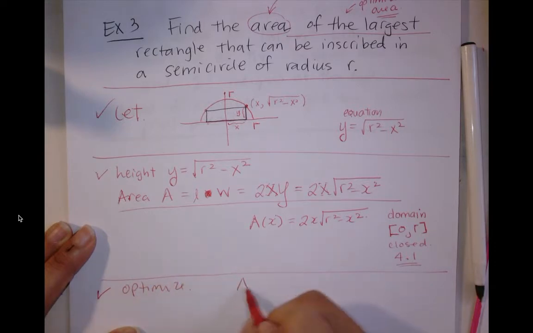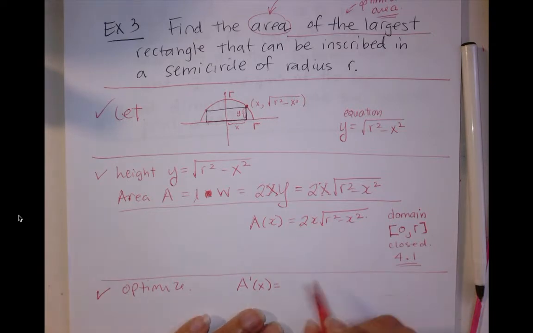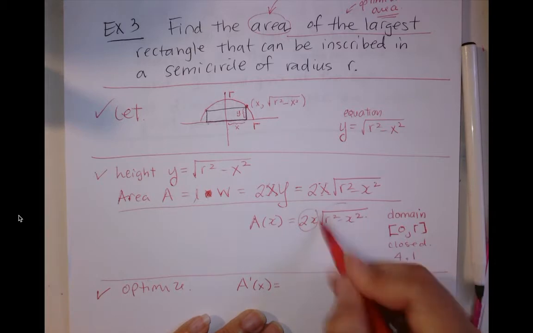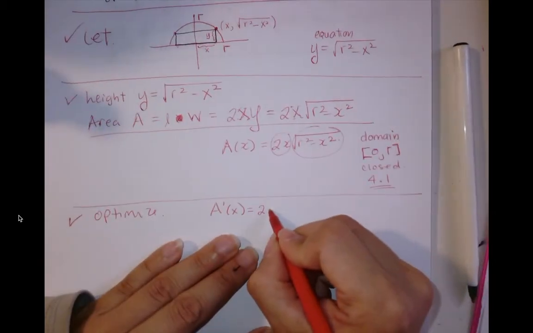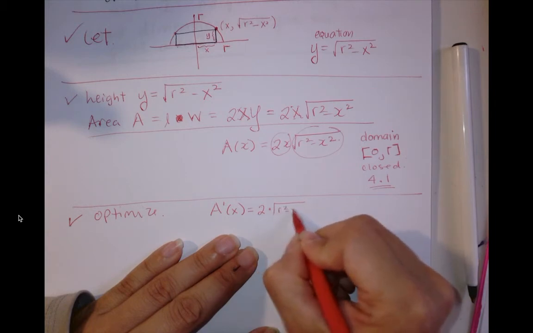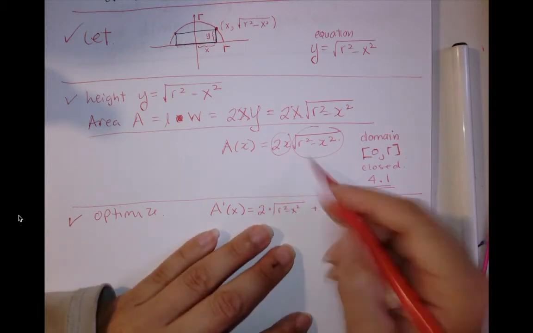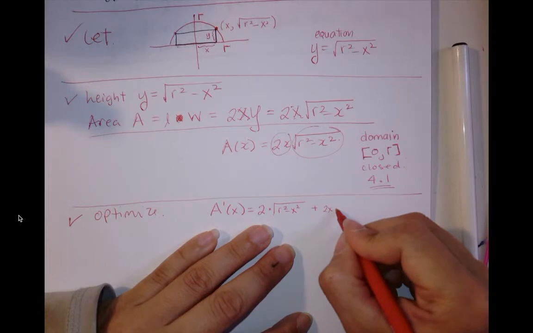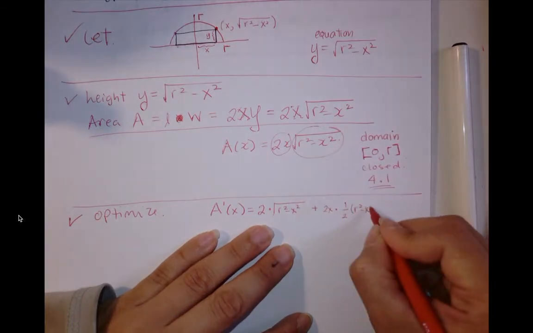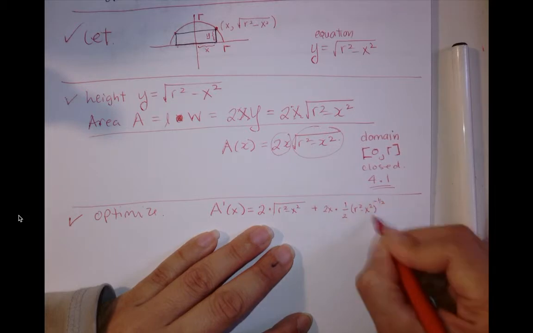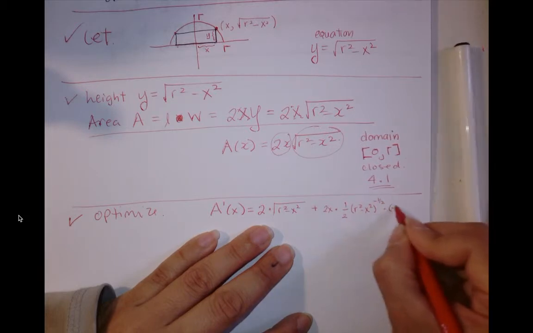Again, I take the derivative of the area function. I'm going to look for the critical numbers. Here I'm going to use the product rule. I get 2 times this function, which stays the same, plus 2x times the derivative of this, which is 1/2 (r² − x²) to the negative 1/2, using the chain rule, times negative 2x.